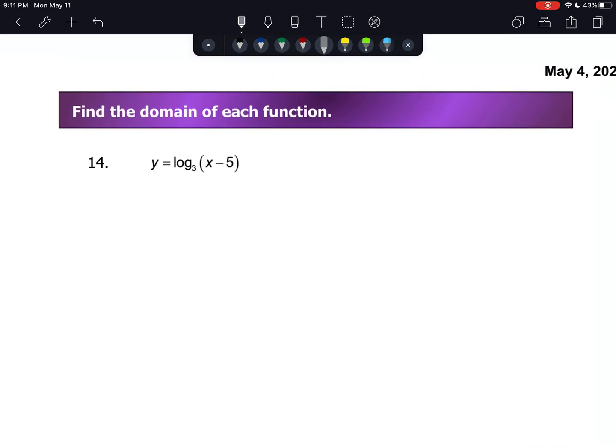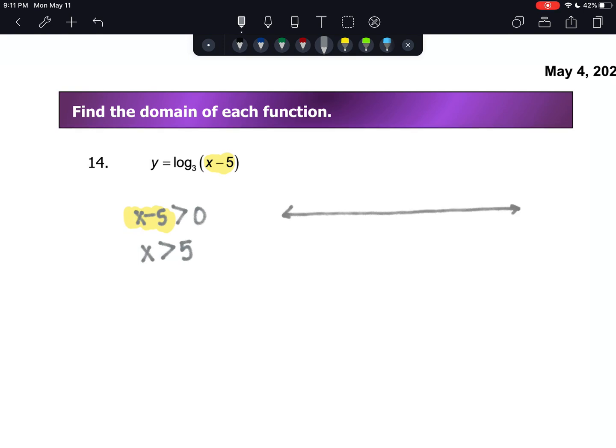Let's try another one. y equals log base 3 of x minus 5. First step is we're going to take that argument and set it greater than 0. So the argument is x minus 5, set it greater than 0, and solve. Add 5 to both sides, and we get x is greater than 5.